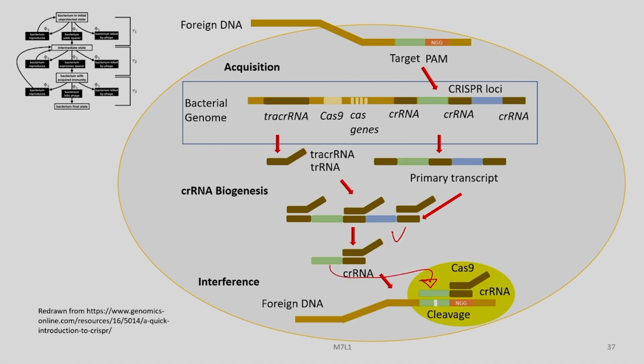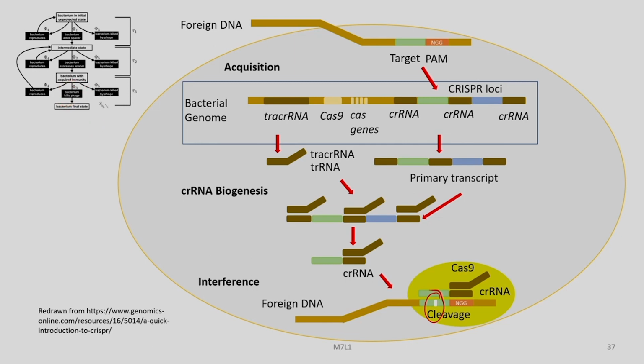Due to the complementarity, it will form this assembly here, and the Cas9 is also playing a role, and this will lead to the cleavage of the viral DNA, and thereby in the final stage the bacterium would be able to kill, or annihilate, the virus.